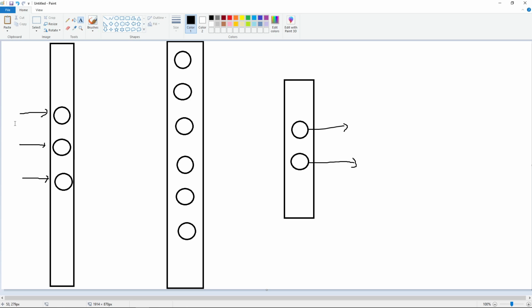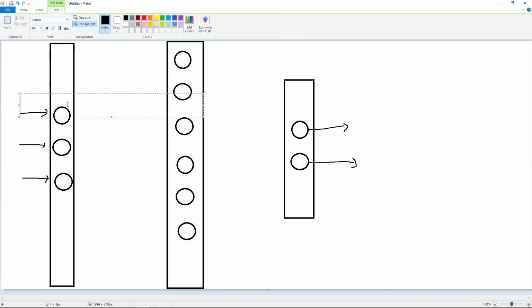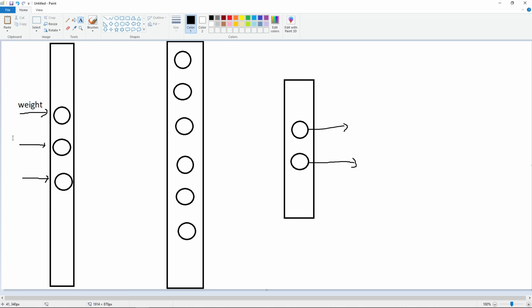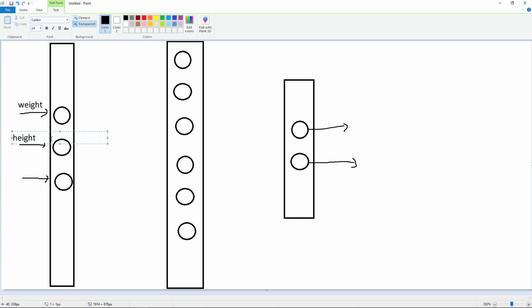So whatever is coming in, maybe this is the weight of an animal. Now this is terribly big. Why does this have to be so hard? Let me make this smaller. Okay, so maybe in here you're getting the weight of an animal, in here the height, and in here, I don't know, the number of hairs the animal has.